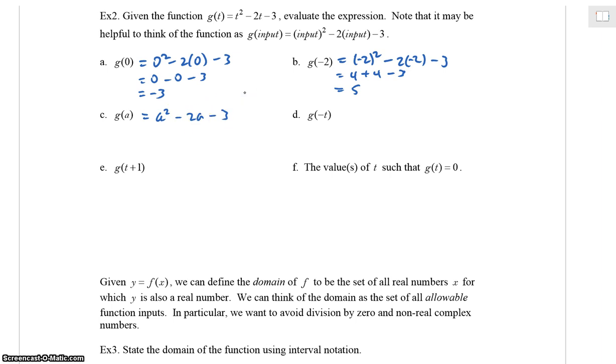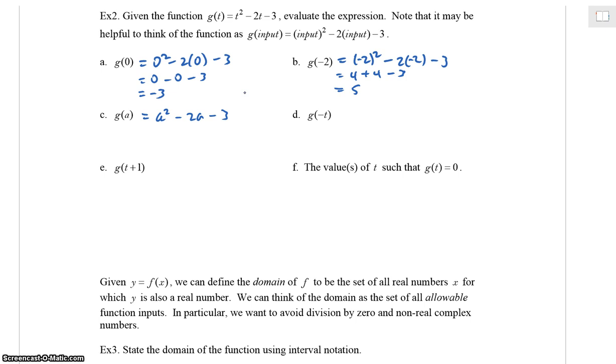And that's really all we can do here, because we don't know what the value of a might be. So sometimes when we evaluate a function, we'll get an algebraic expression. We won't get just a number. So don't be surprised if that happens. That's going to happen if you don't have a specific numerical value given as an input.